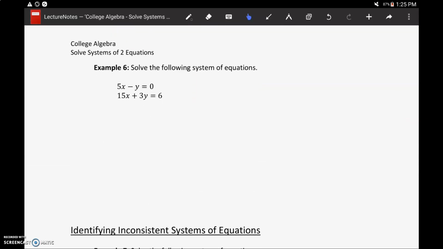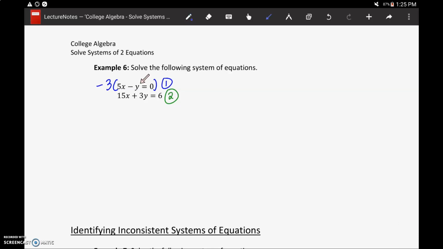In example 6, we again need to look at updating one or both of our equations. In this case, what we'll do is take our first equation and multiply it by -3.